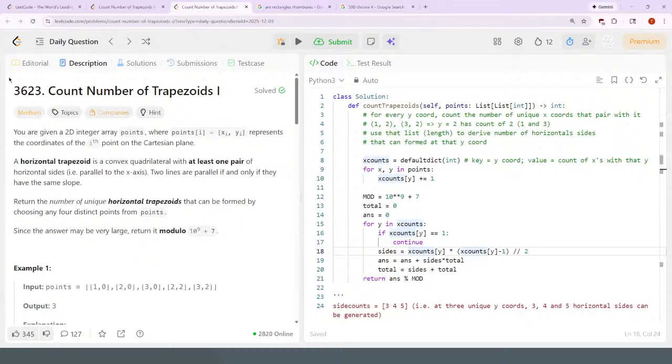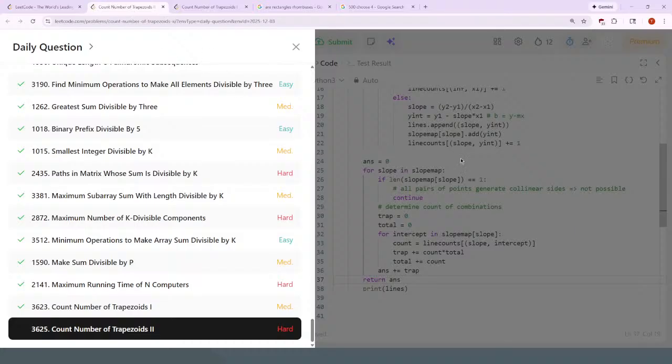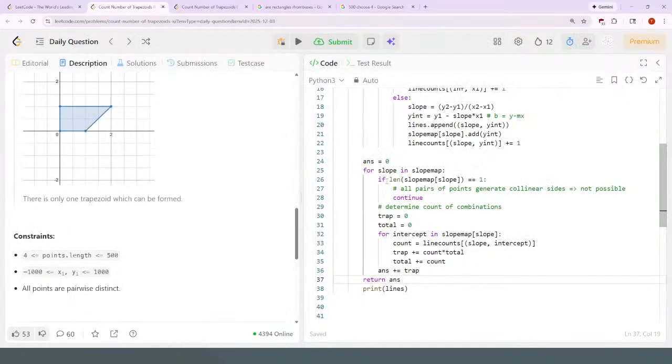Here I'm actually going through every single pair of points and getting the slopes involved. So therefore each thing here is actually an actual side. So I didn't have to reverse engineer the number of sides involved, which is equivalent to the count here. Okay, anyways.